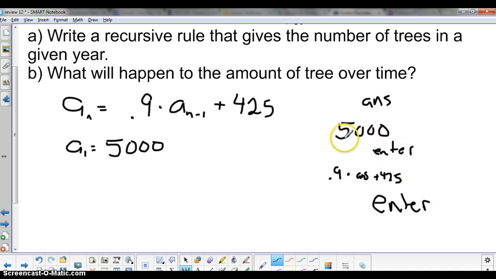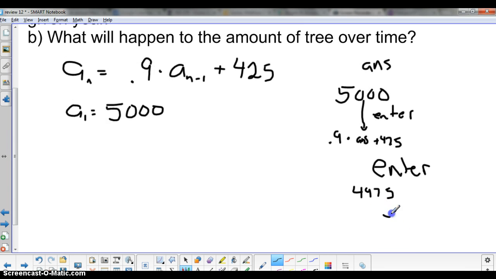You plugged in 5,000, that's going to be your answer, and then you're going to get something out. It's going to be 4,975.